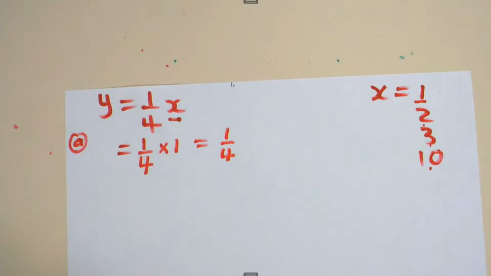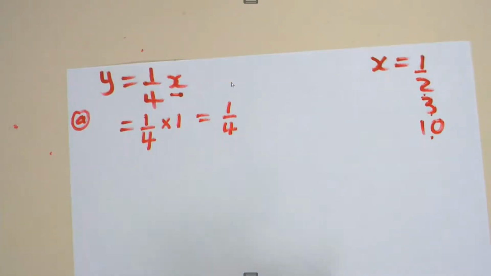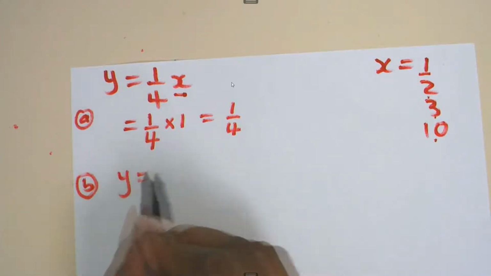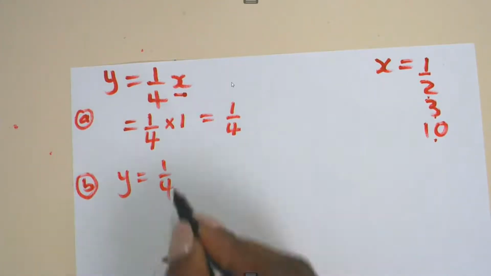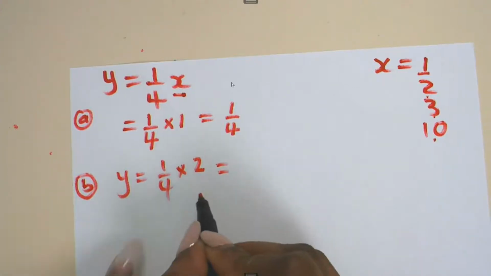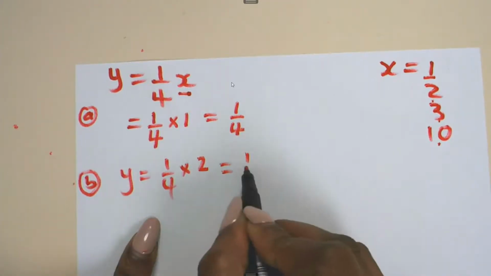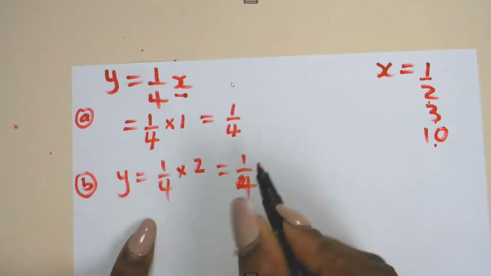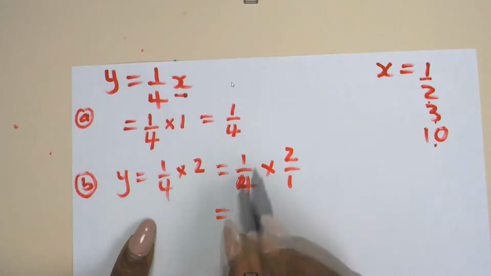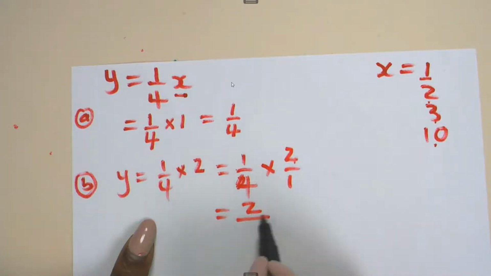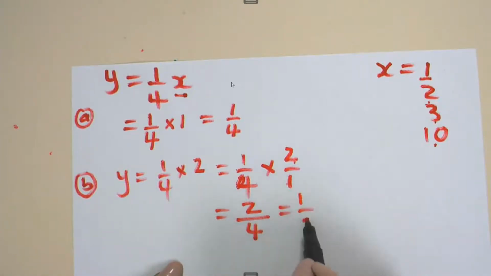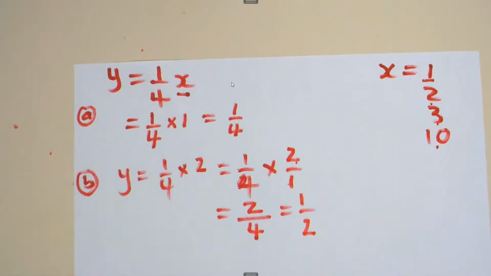Remember, any number multiplied by 1, the answer will be that number. Then number 2, we're having a quarter multiplied by 2, which equals a quarter multiplied by 2 out of 1, which equals 1 multiplied by 2 will be 2, 4 multiplied by 1 will be 4. Therefore, the answer here will be half in its simplest form.